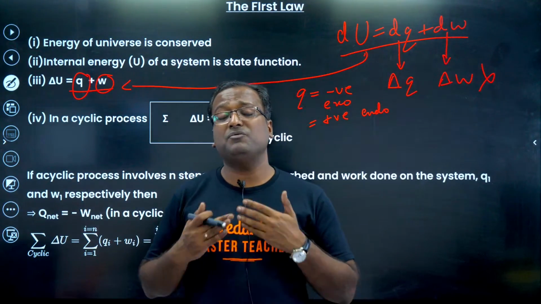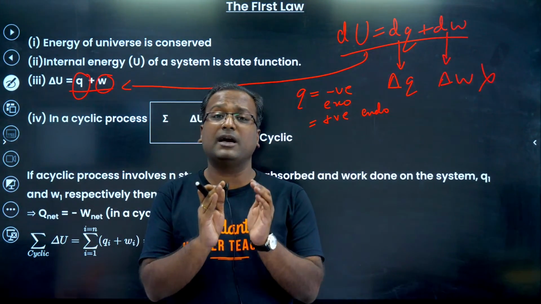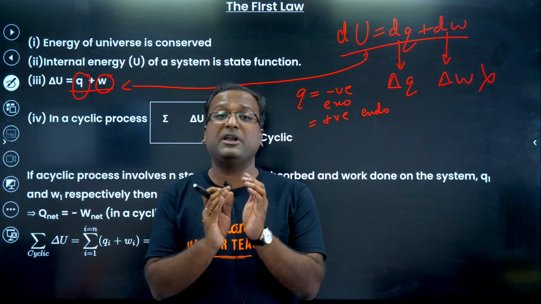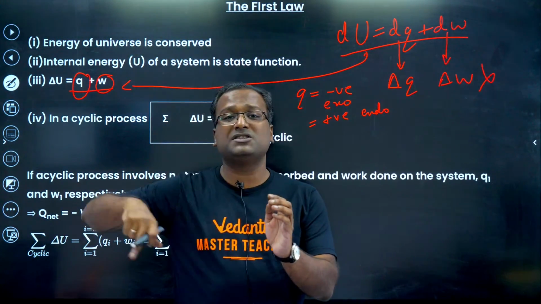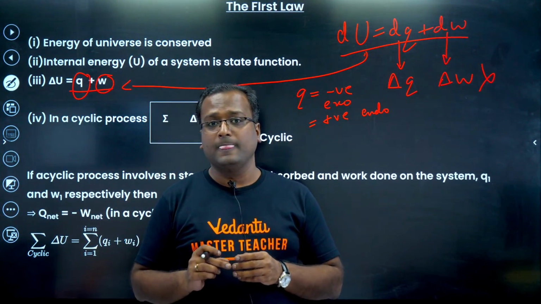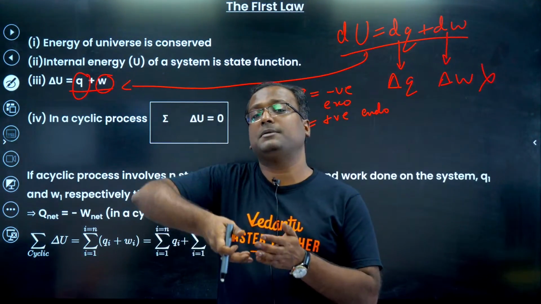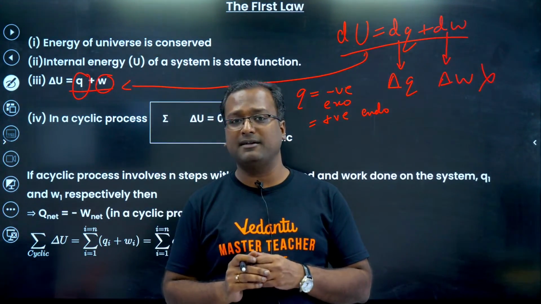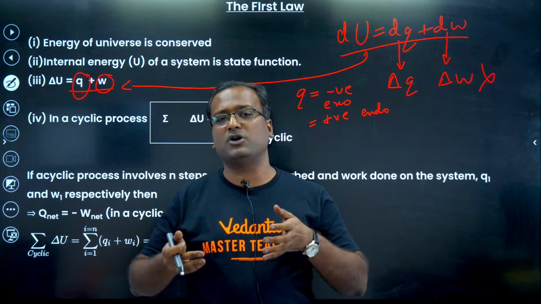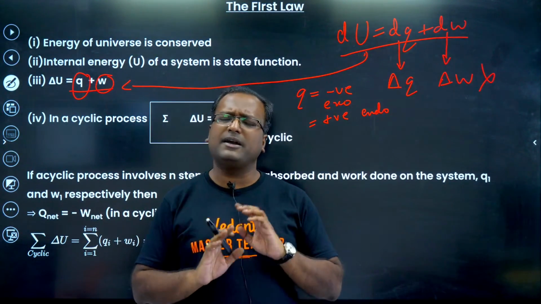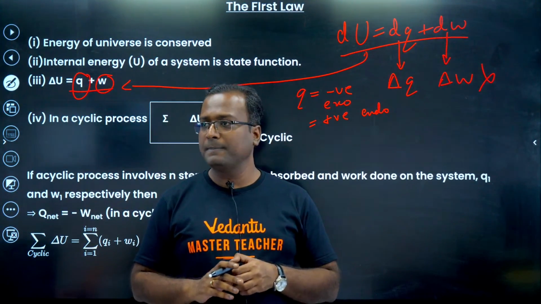In chemistry we are considering the system, observing what is happening to the system because of the changes that we are making. So W is also positive when work is done on the system. When work is done by the system, work done is negative. Anything that goes into the system is positive, taken out from the system is negative. Very simple, very easy to remember.